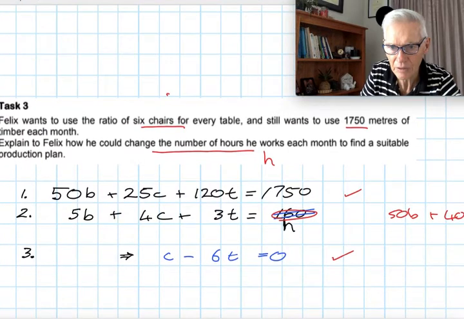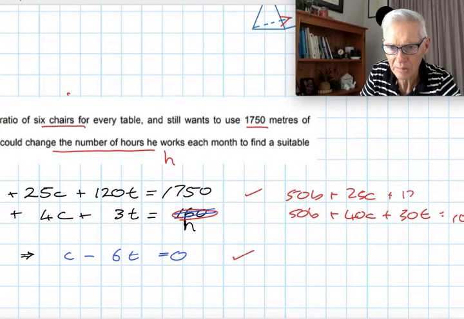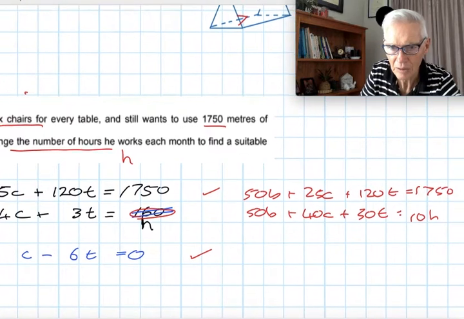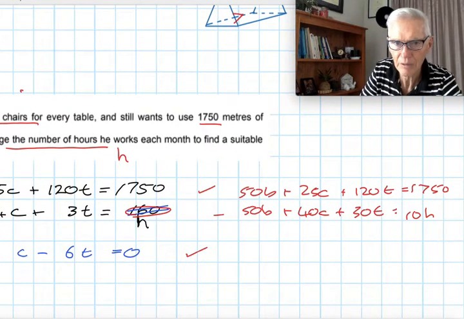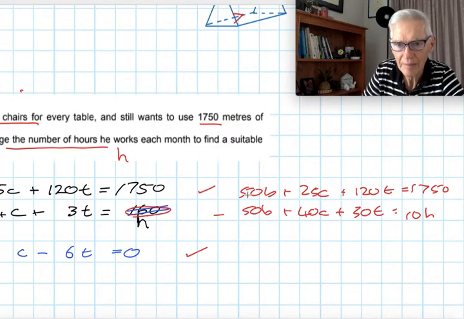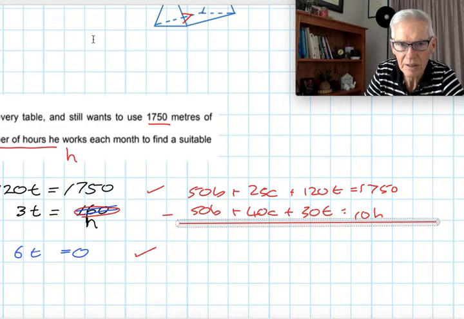And the top one was 50b plus 25c plus 120t equals 1750. So we're going to subtract away, and we are going to get an answer that looks like this.